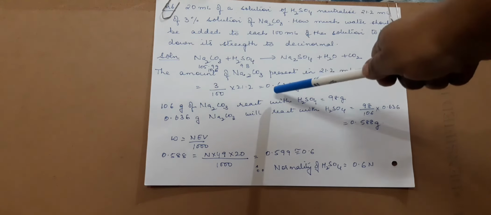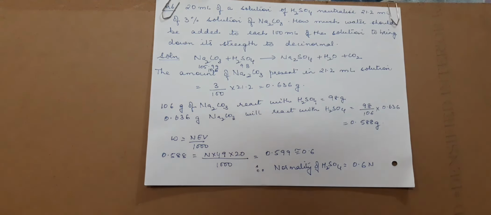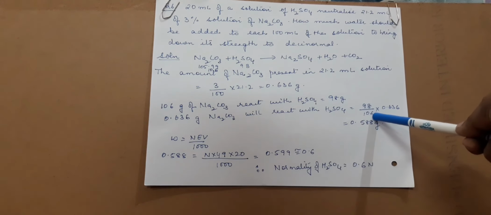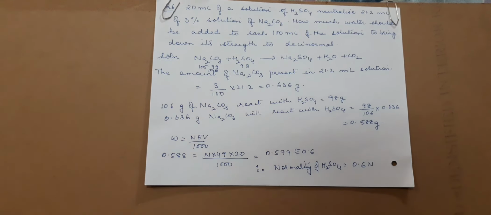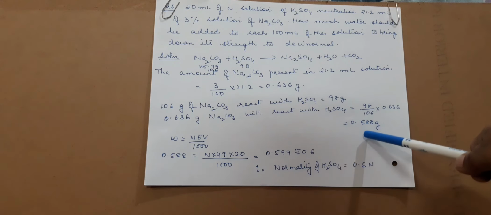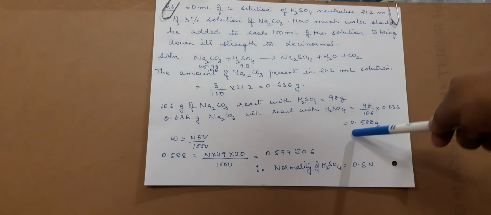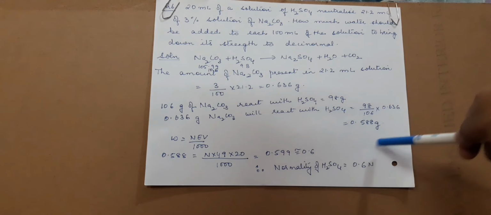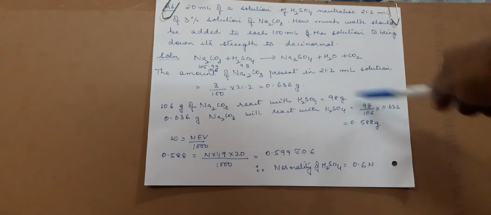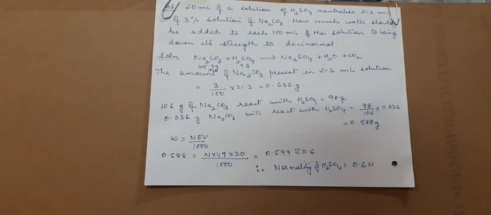So 0.636 grams of sodium carbonate should react with how much H2SO4? Automatically 98 divided by 106 into 0.636, that will come to be 0.588 grams.